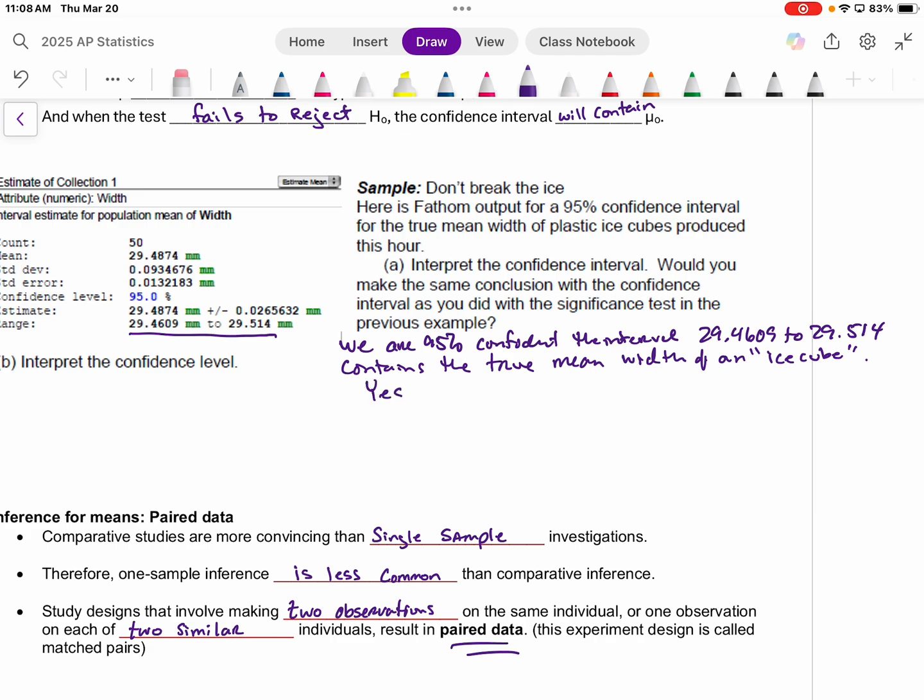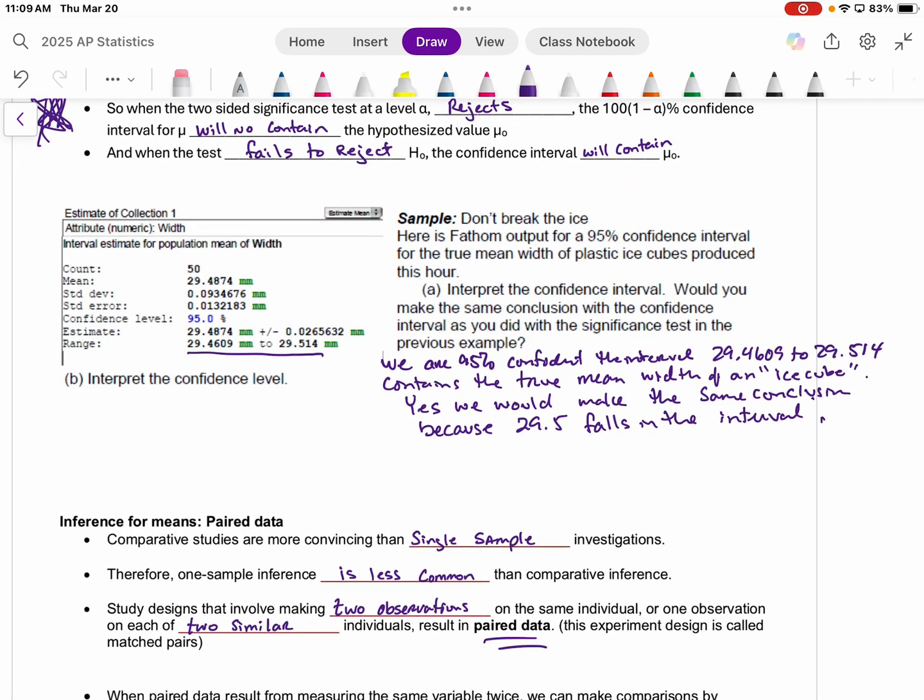Yes, we would make the same conclusion, because 29.5 falls in the interval. So that's part A's answer.